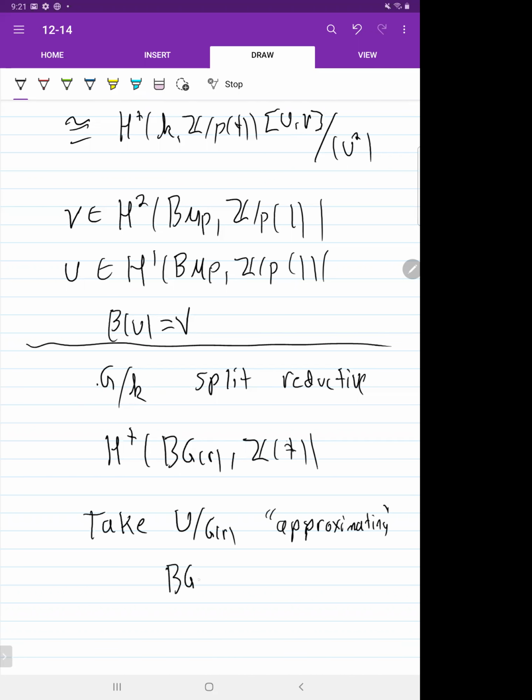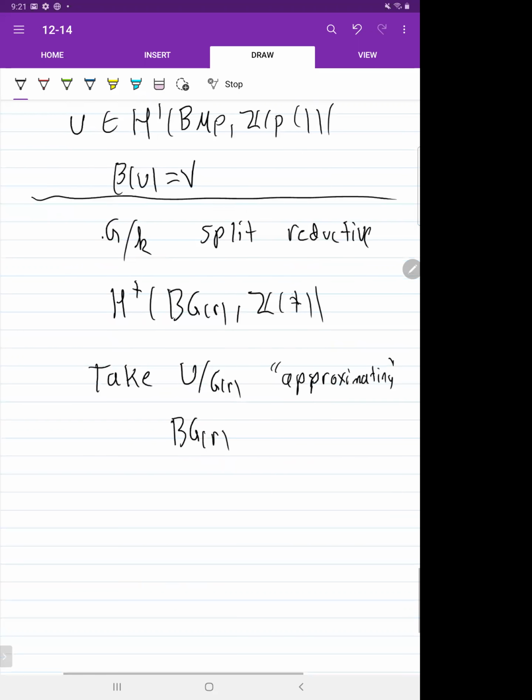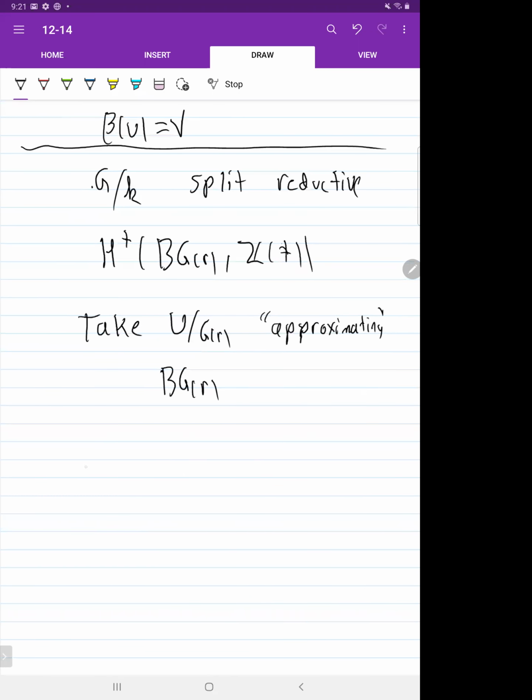Then we want to use that the r-th Frobenius is trivial on G_r. So you can factor the Frobenius as follows. You have U/G_r, and then you have the r-th Frobenius, so Frobenius raised to the r-th power, that factors through U. You should think of U as being contractible. So I'll call this the quotient map.